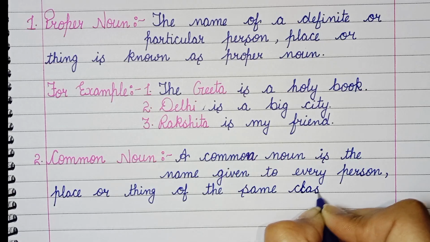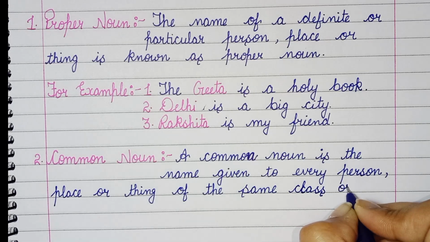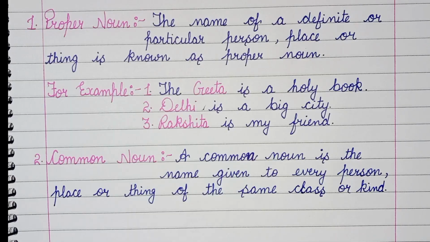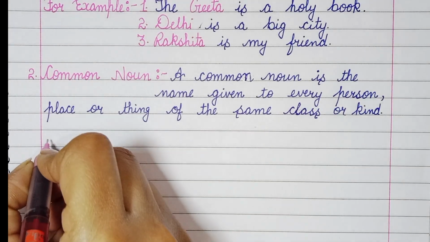Second one is common noun. A common noun is the name given to every person, place, or thing of the same class or kind.